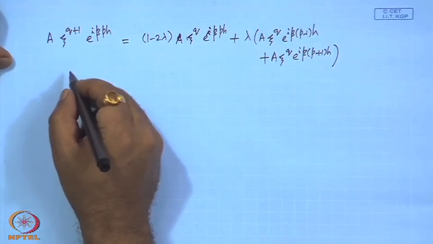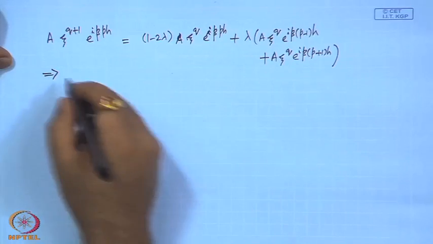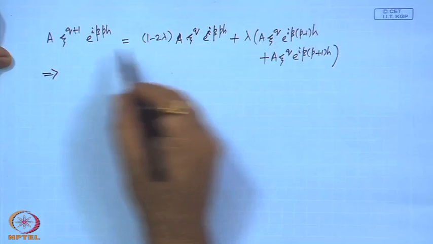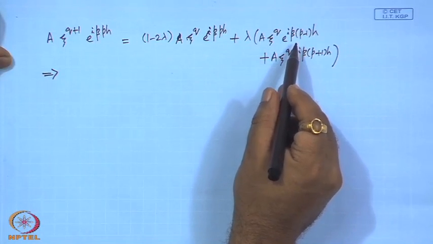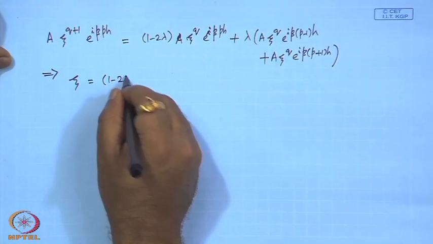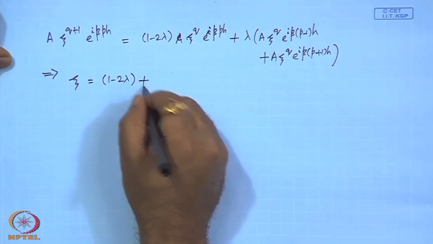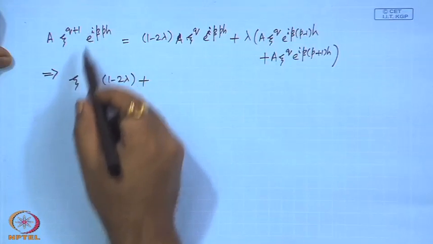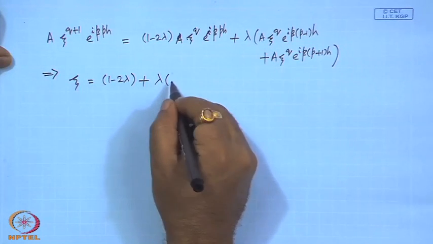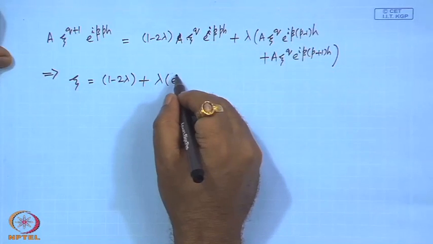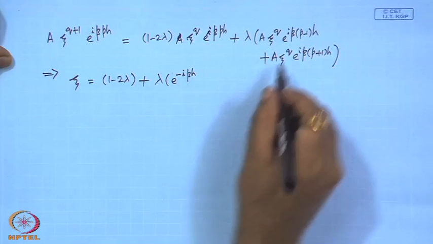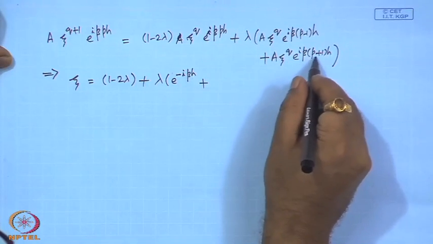Now, some terms cancel. So, after cancelling these terms, so for example, this goes one term. Okay. So, then we get, so this entire thing gets cancelled, one zeta left, and here of course, we have some extra terms left. There is a minus I beta H and here we get a plus.